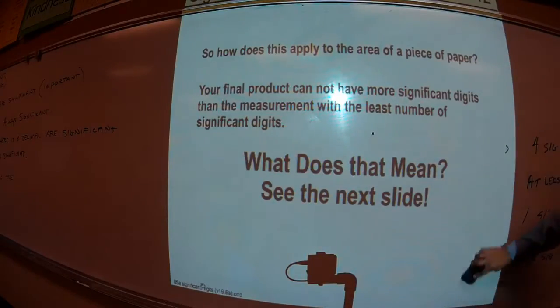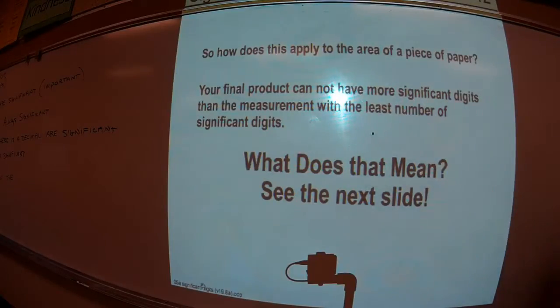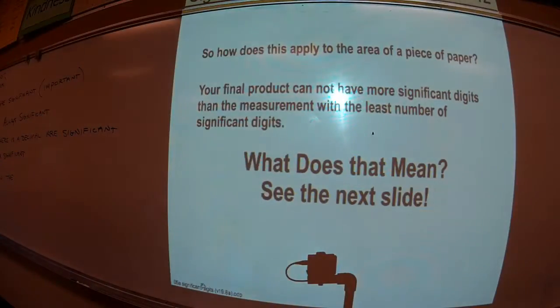So going back to that paper thing, your final product cannot have more significant digits than the least significant number in it. So if I'm multiplying 2 numbers together, and this one has 3 sig figs, and this one has 2 sig figs, my final answer can only have 2 sig figs.